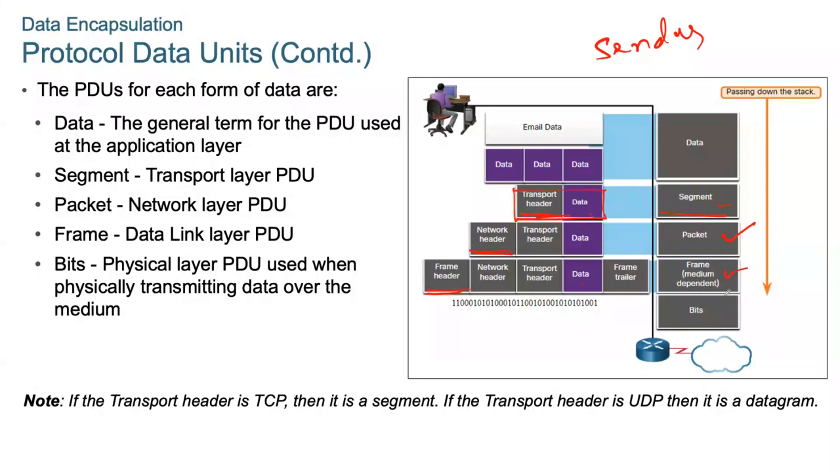Frames are medium dependent. If it is using twisted pair cable, these frames will be generated based on twisted pair cable characteristics. If it is transferring through coaxial cable, the frames will be generated based on coaxial cable.